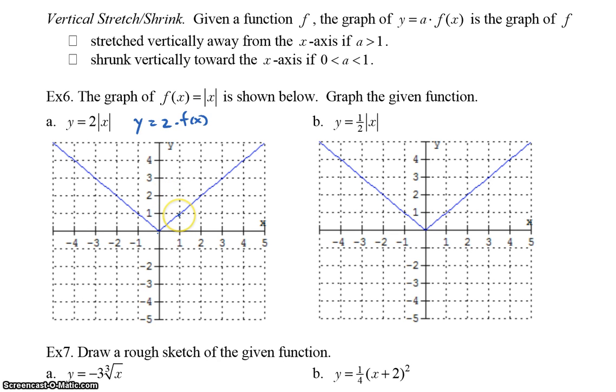For example, the point at 1, 1 will move up to 1, 2. The point at 2, 2 will now move up to 2, 4. The point at the origin will not move because 2 times y equals 0 is still 0. So you see the points get moved by different amounts, and some points don't move at all.